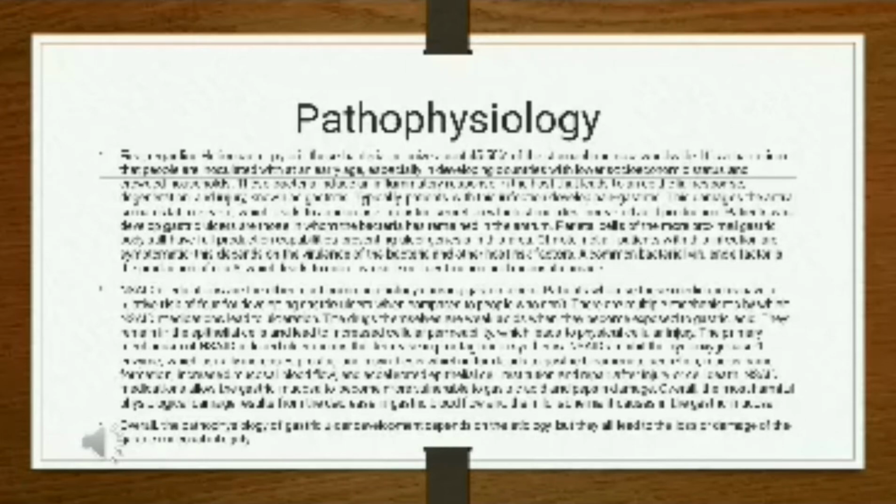NSAID medications allow the gastric mucosa to become more vulnerable to gastric acid and pepsin damage. Overall, the most harmful physiological damage results from the decrease in gastric blood flow and the mild ischemia it causes in the gastric mucosa.